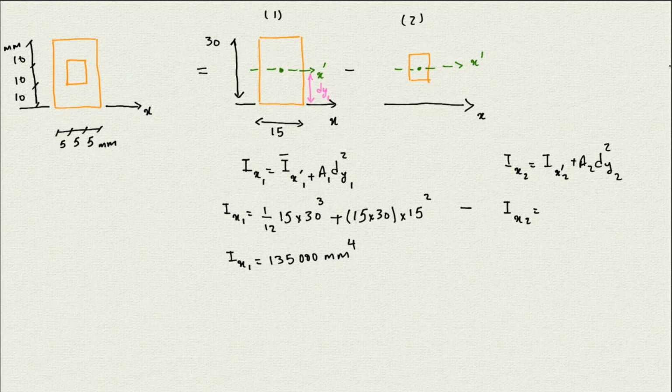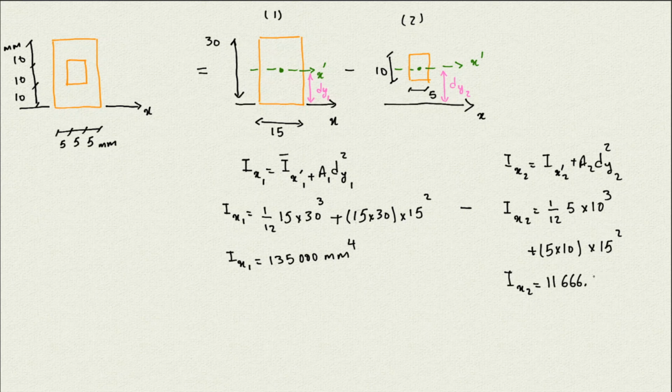So it's going to be 1/12 of b h cubed, where b is 5 and the height is 10, so 1/12 of 5 times 10 cubed, plus the area, 5 times 10, and the distance between the axes, dy2, which is the same as the previous one, 15 squared. Therefore Ix2 comes out at 11,666.66.